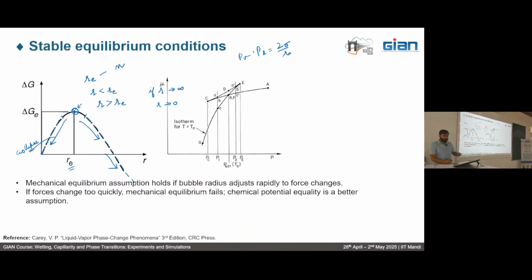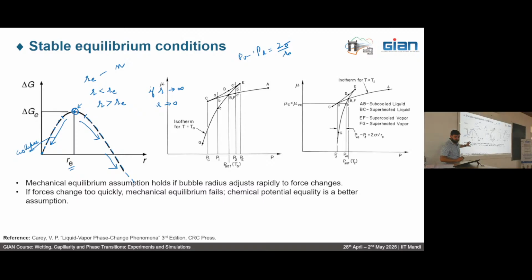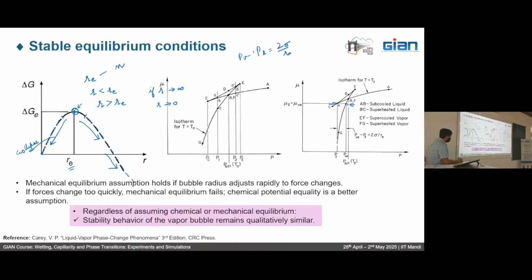If the force changes are too quick, mechanical equilibrium might fail, but in that case the potential equilibrium, which we took in the beginning, is a better assumption. Regardless of assuming chemical or mechanical equilibrium, the stability of the bubble remains qualitatively similar for both cases.